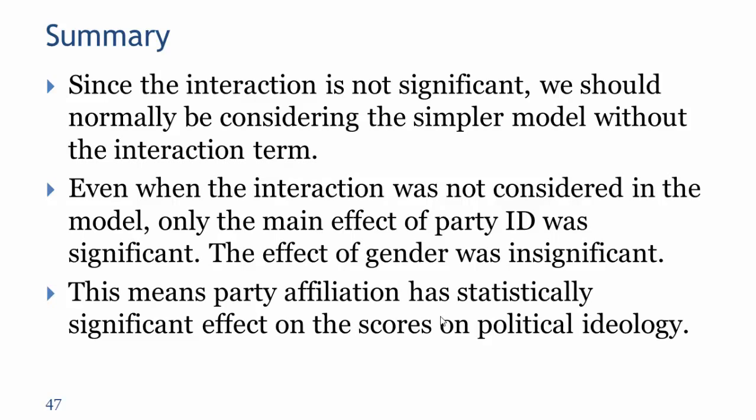That is, we would consider a model with only the main effects, party ID and gender. Even when the interaction was not considered in the model that we have previously considered, only the main effect of party ID was significant and the effect of gender was not significant.